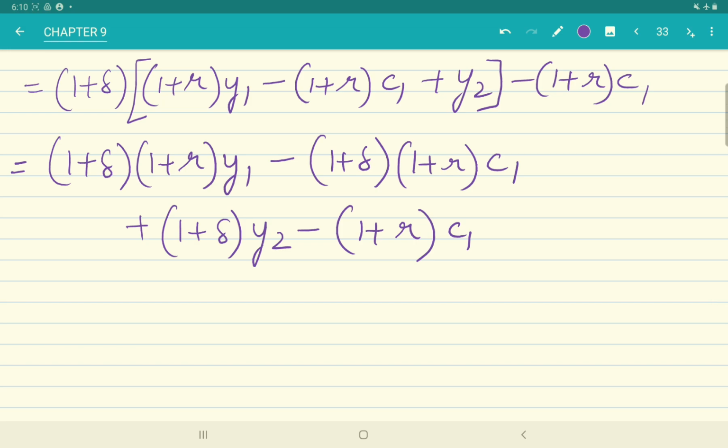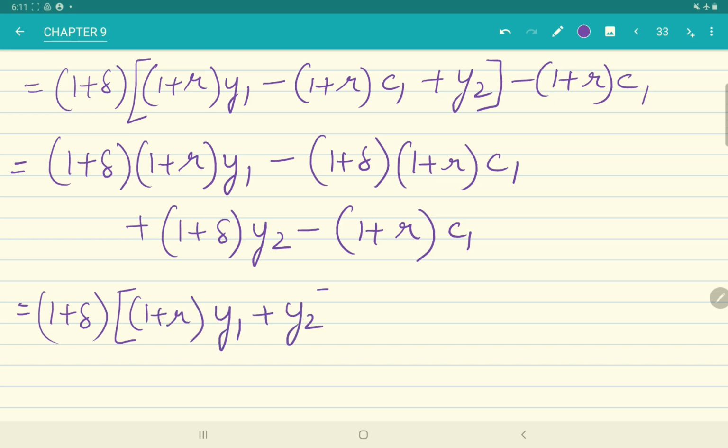And now what I can do is I can take up these and this, and when we do that I get (1 plus delta) is out, it's common, and then I have (1 plus r) y1 plus y2. Also I have this and I have this.